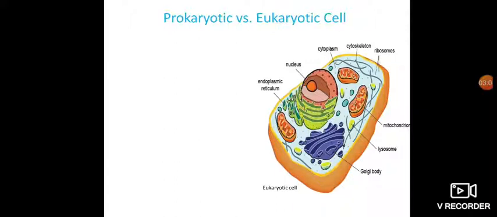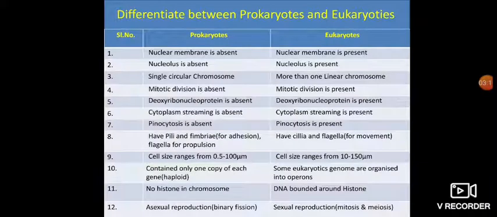All of those are found in a eukaryotic cell. We have a number of differentiating points between prokaryotic and eukaryotic cells. I again repeat that these types of questions are asked a number of times in your final exam, so concentrate on that point.